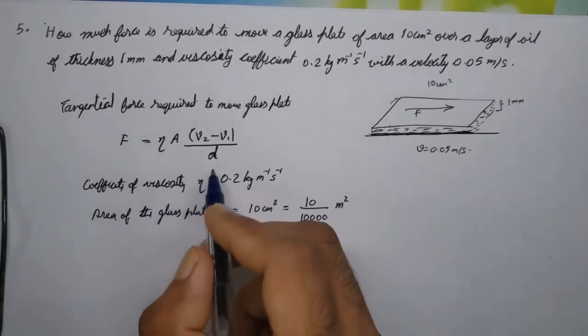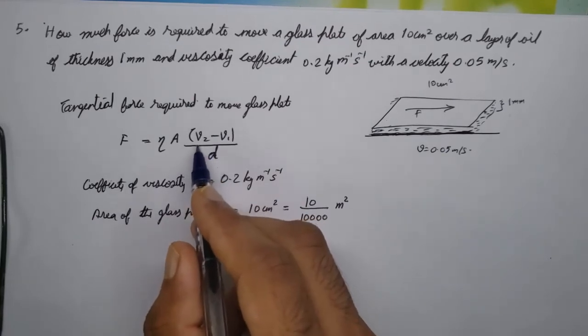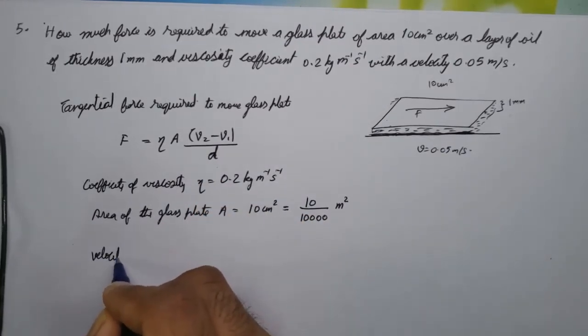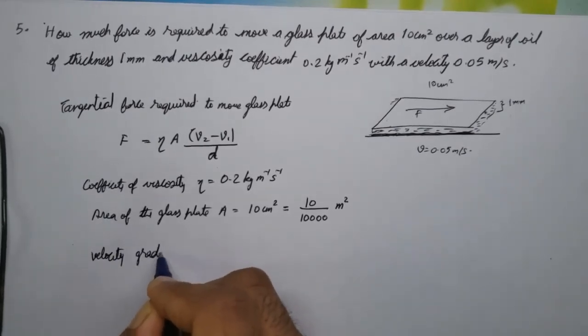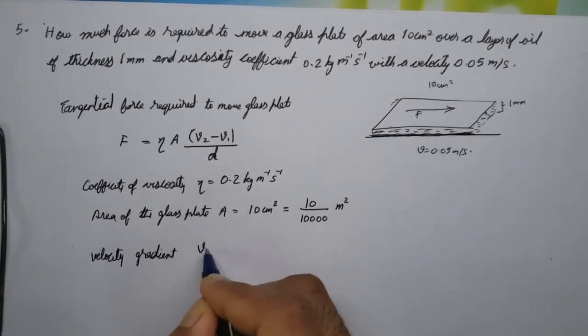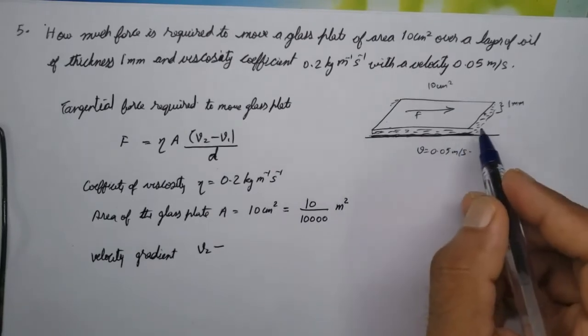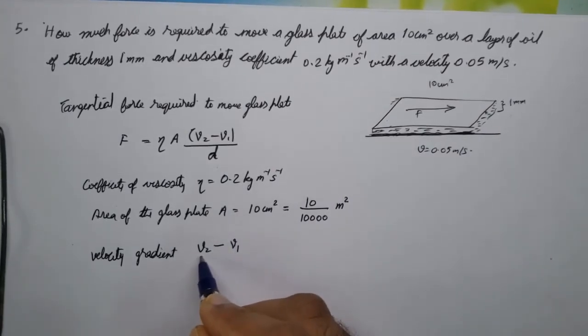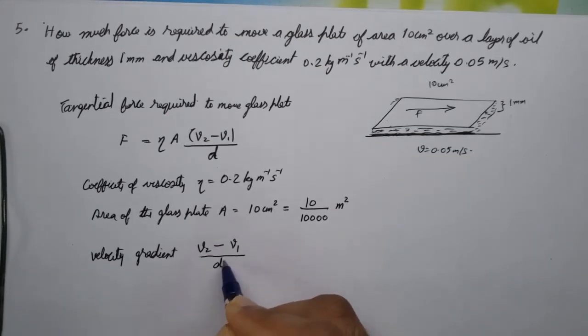And the next one is velocity. We want to find out the velocity gradient. Velocity gradient is the velocity of the top layer minus the velocity of the bottom layer divided by the distance between the two layers.